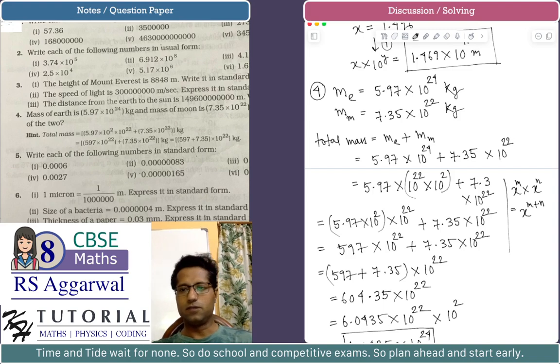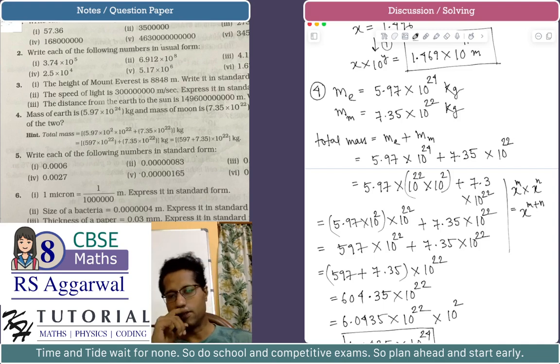In doing so, I split 10 to the power 24 as 10 to the power 22 multiplied by 10 square. Then I merged 5.97 multiplied by 10 square, and I got 597. So now I got 597 multiplied by 10 to the power 22 plus 7.35 multiplied by 10 to the power 22.